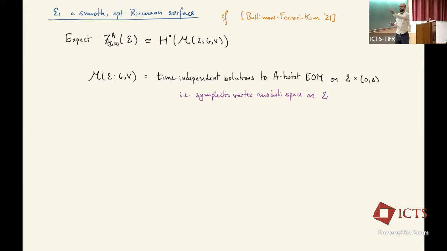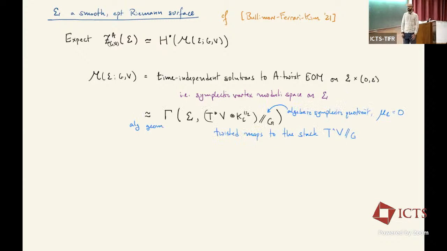These equations are symplectic vortex equations. In a hand-wavy algebraic setting, one could try to describe that moduli space as sections of a certain T star V symplectically quotiented by V bundle on sigma.